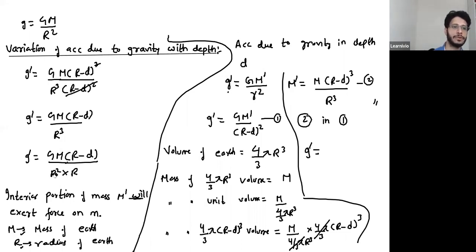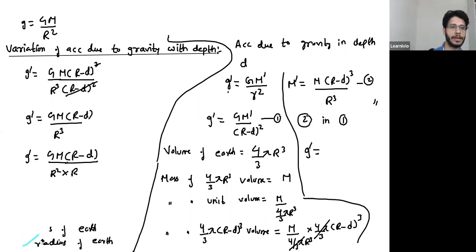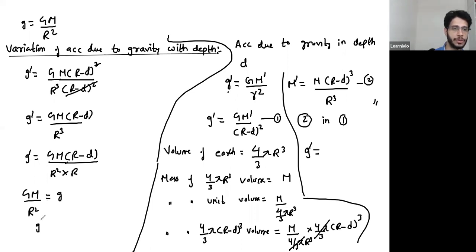The next step, you can write your GM by r square as small g. This is the value of acceleration due to gravity on the surface of Earth. This is GM by r square, which is g. So if I substitute it here, this g prime comes out to be g (r minus d) over r.